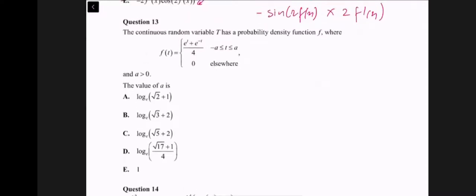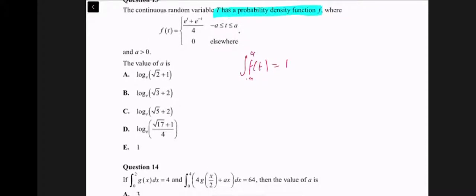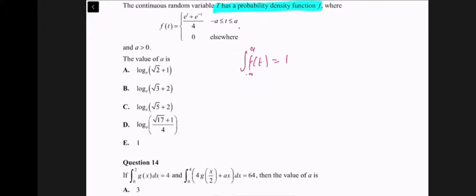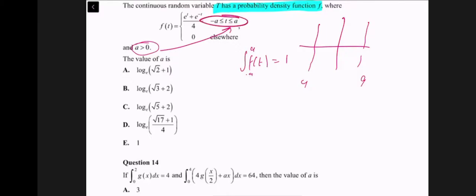So for this question, we have a probability density function. And the value of A, so it's not giving us any other information, so what we have to use is that the integration of f(t) from negative A to A is 1. And you can just put that into your CAS. A is greater than 0 is important here, because then you know you're dealing with a symmetrical value, and it's not really necessary, because regardless, it would make sense that it was like this.